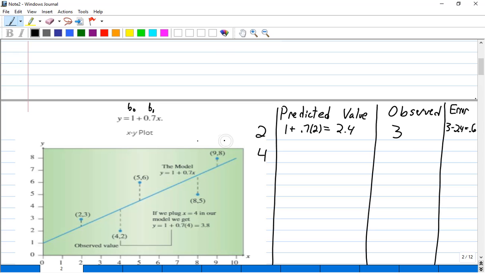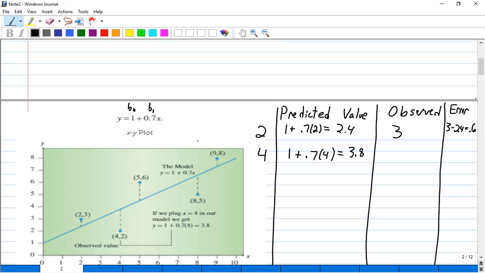So if I plug in a 4, that's 1 plus 0.7 times 4. What the regression line does is it predicts the values that we could get. It's the best fit line, but it predicts the values. So the prediction here is that when x equals 4, y is equal to 3.8. So the predicted value is 3.8.